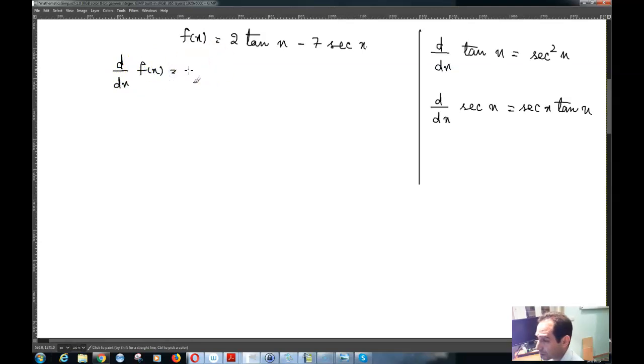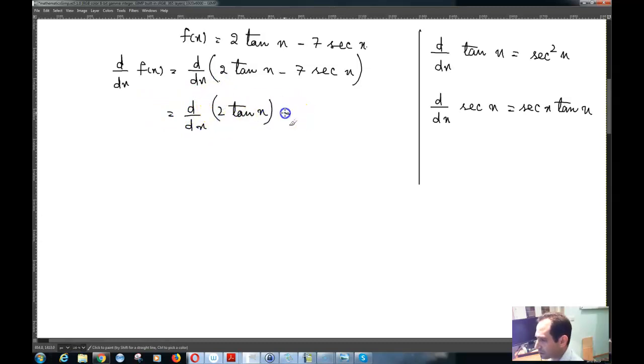Now about this function, you can write d by dx of f of x is equal to d by dx of 2 times tan x minus 7 times secant x, which is equal to d by dx of 2 times tan x minus d by dx of 7 times secant x, which is equal to 2 times secant squared x minus 7 times secant x tan x.